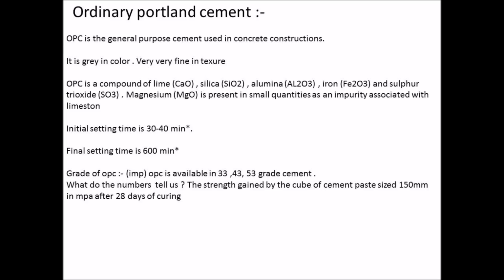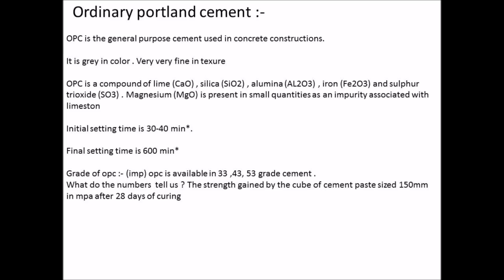This is very important, guys, pay attention. Ordinary Portland cement is available in 33, 43 and 53 grades. What do the numbers tell us? The strength gained by a cube of cement paste sized 150 mm, in MPa, after 28 days of curing. A little bit harder, so let's understand it as a process.